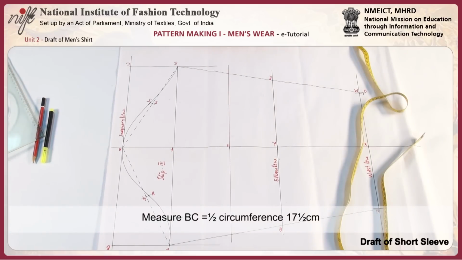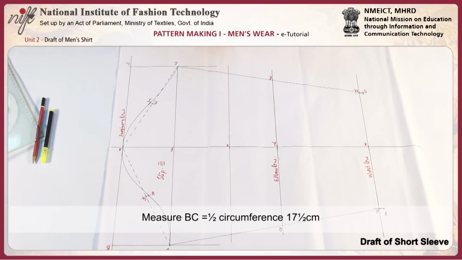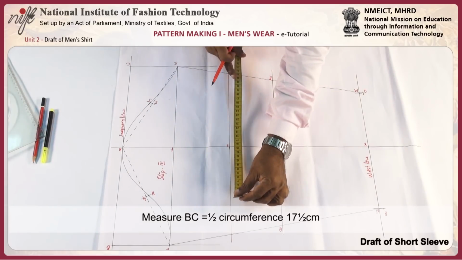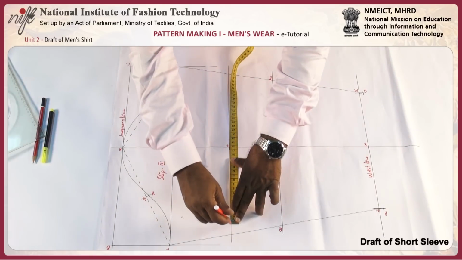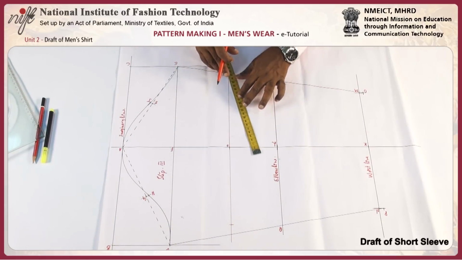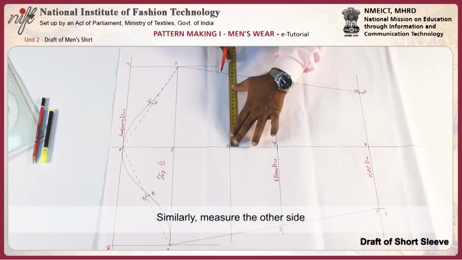Then B to C, measure half M circumference, 17 and half, then full will be 35. Measure the other side too.